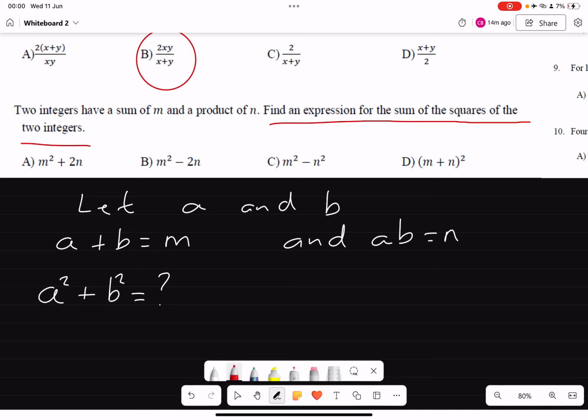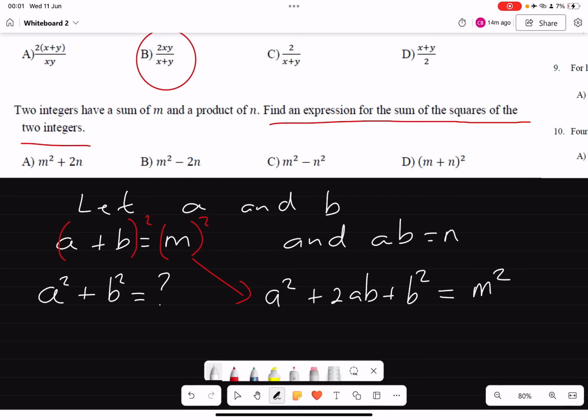So the idea that I have is to square both sides of the equation. And that is going to give us a squared plus 2ab plus b squared. That is our left hand side, which is equal to m squared.